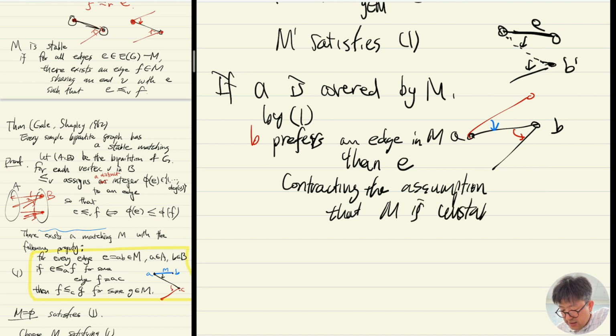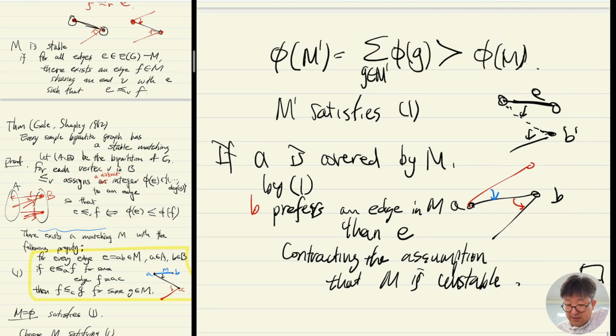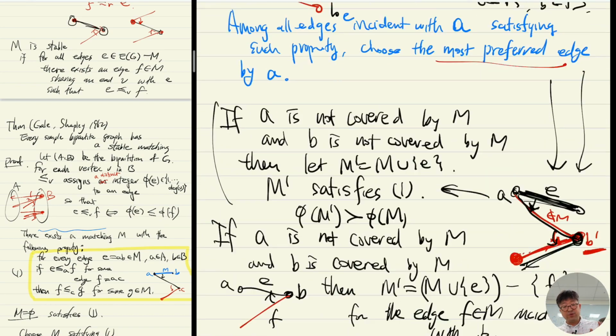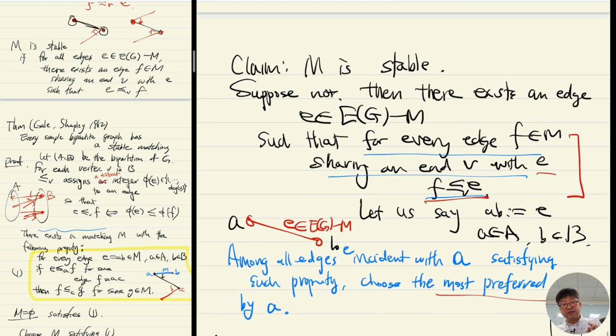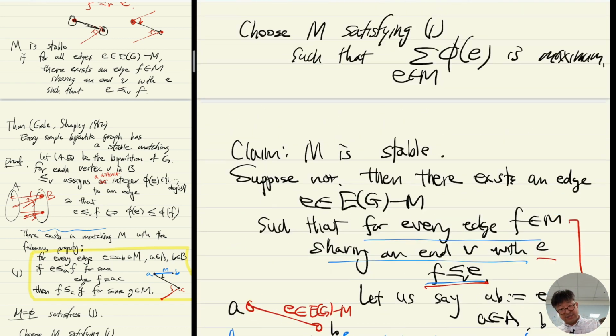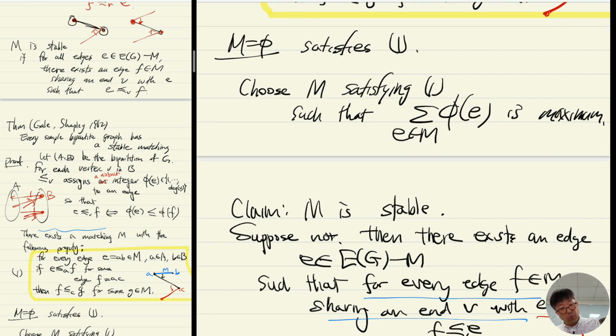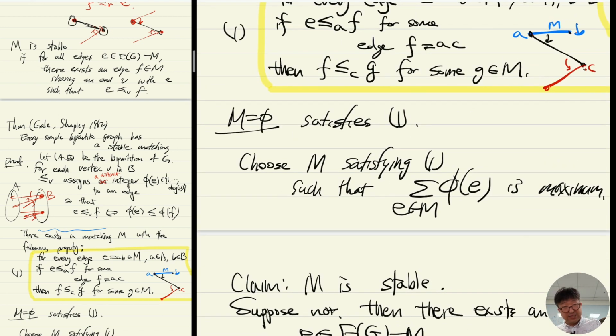So this case doesn't happen, right? So that basically gives you the proof, right? So whenever I choose a matching satisfying this property 1 and having the maximum sum of these values, it is stable.